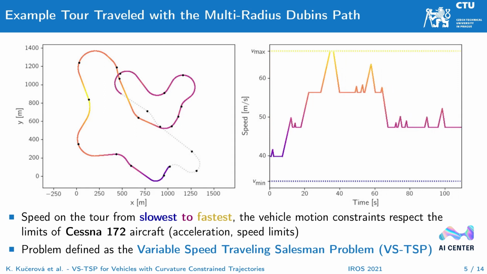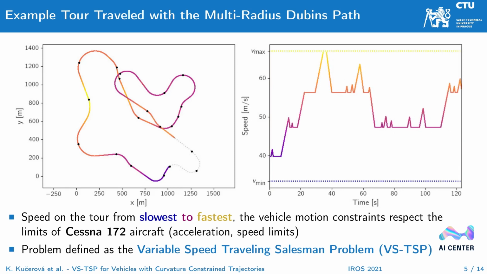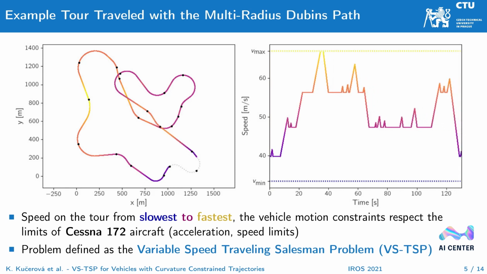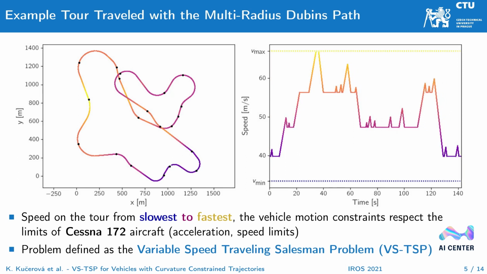A variant of the TSP with curvature-constrained trajectory and variable speed formulated in this paper is called the Variable Speed Traveling Salesman Problem, or the VS-TSP for short. The multi-radius Dubins path is used for calculating trajectories between two configurations. For the TSP, however, the trajectories must be connected together over multiple locations.